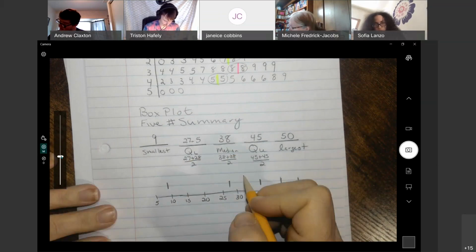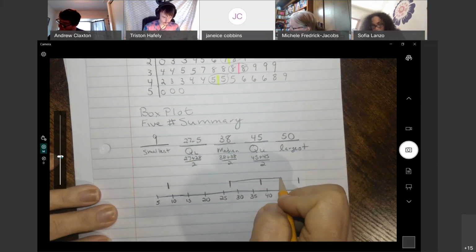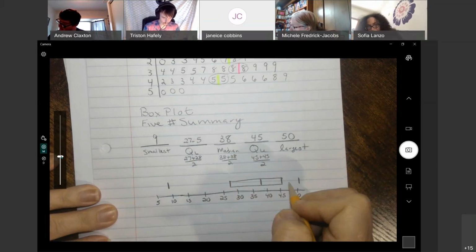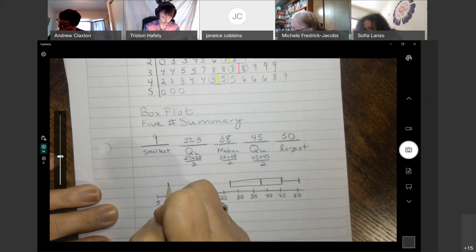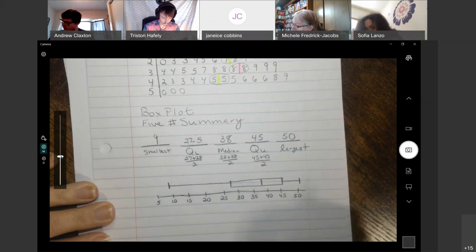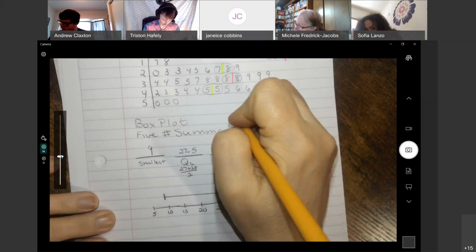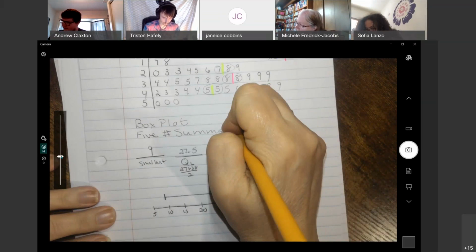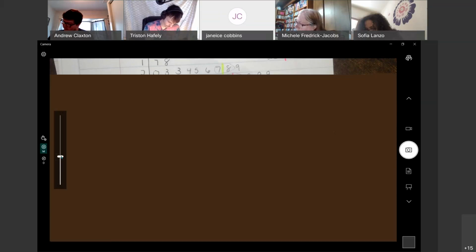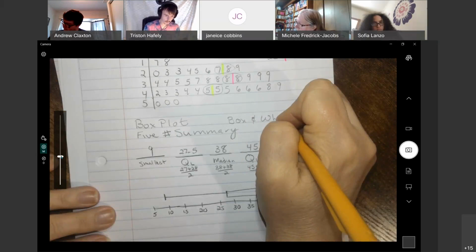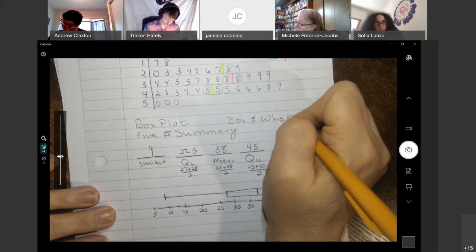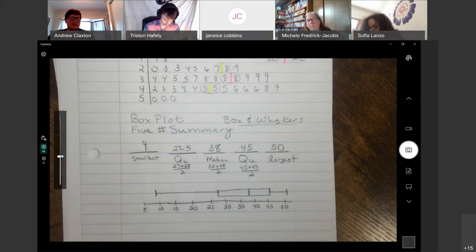The inside 3 get a box, and then the whiskers go out. And that's why sometimes instead of a box plot, they call it box and whiskers. Any questions on that?